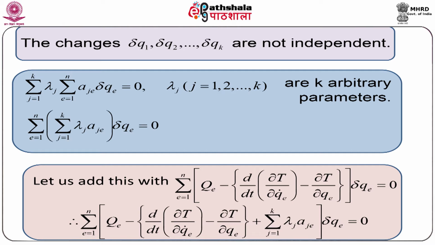Multiplying the previous equation by the parameter lambda_j and summing over j, we get this result, where lambda_j, j equal to 1, 2 and so on up to k are k number of arbitrary parameters. We can write this equation in this way; we have just interchanged the summation.